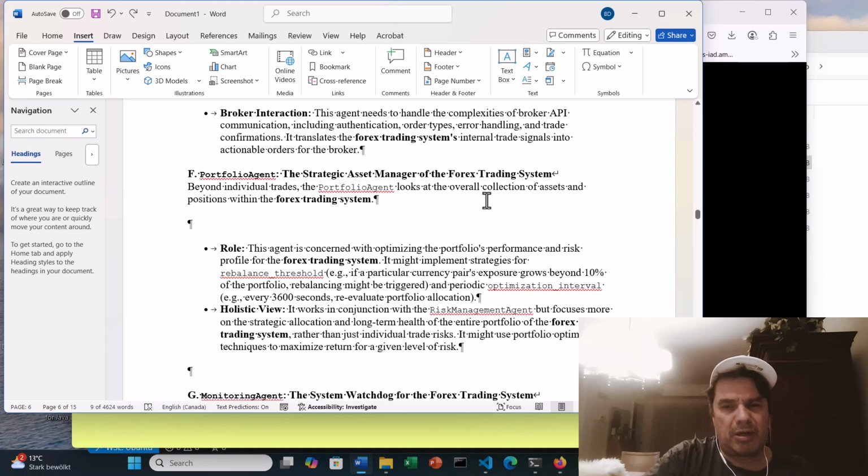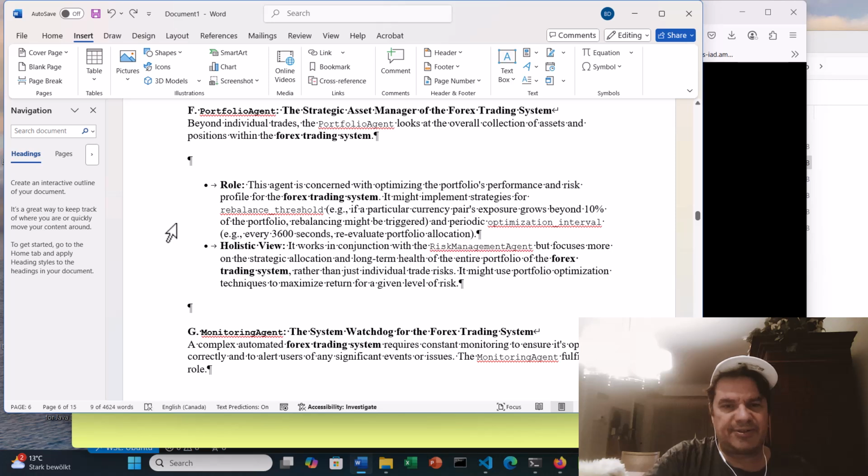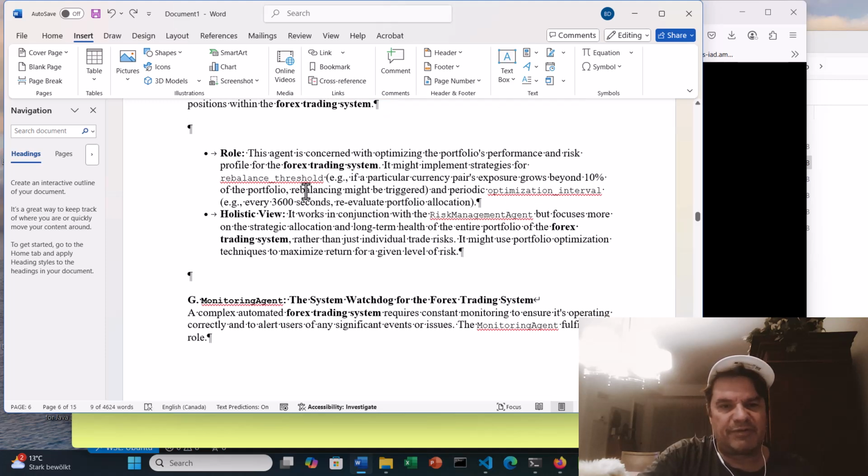Portfolio agent: look at the overall collection of assets and positions within the system. Consider optimizing portfolio performance and risk profile. Implement strategies for rebalancing threshold, which has got to be done all the time. My professional portfolio managers don't even do that. If a particular currency exposure grows beyond 10% of the portfolio, rebalancing might be triggered.